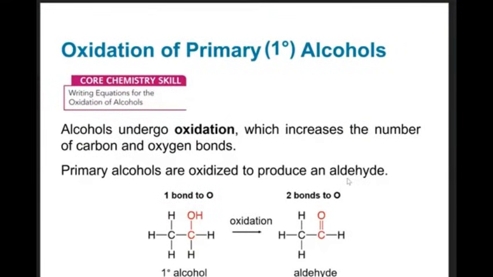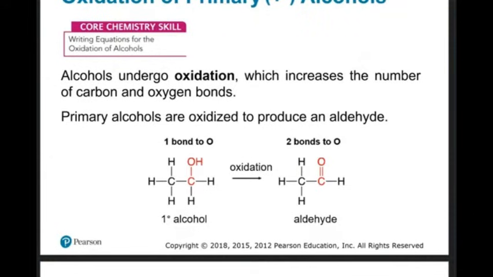So, how are alcohols oxidized? If you have a primary alcohol, remember, in the primary alcohol, this carbon is connected to only one other carbon. When you oxidize this OH group, you form an aldehyde. Quick question, folks.